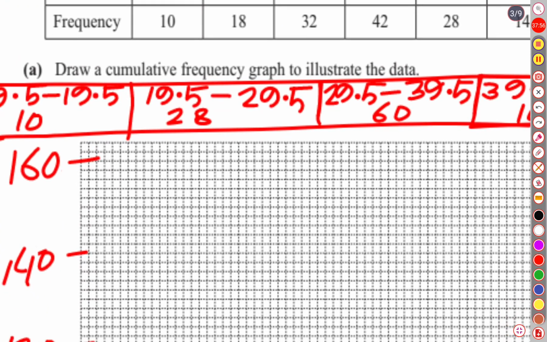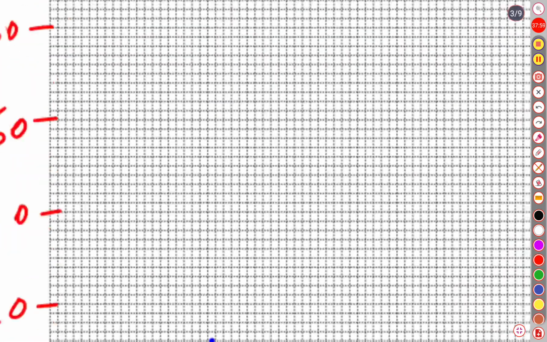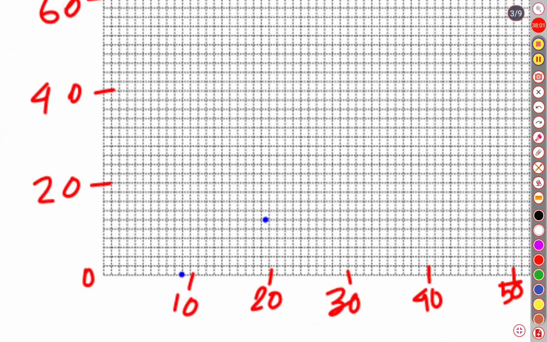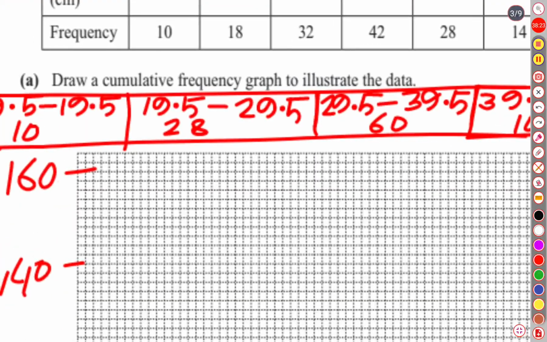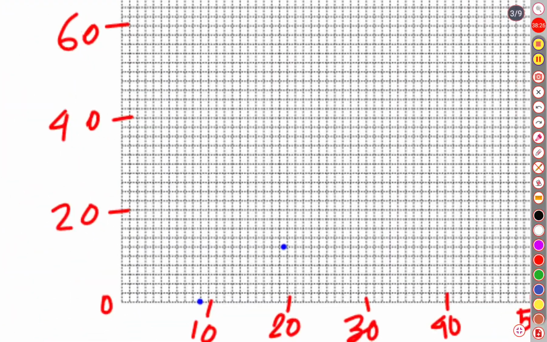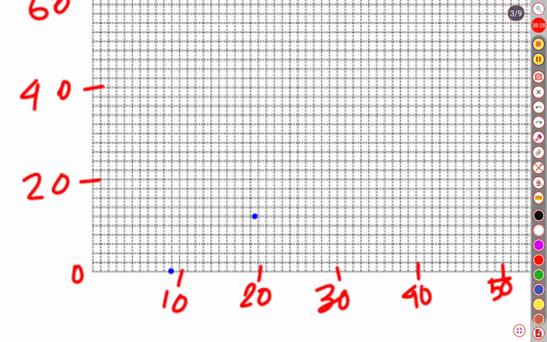After that, we are just writing the upper class bound. Upper class bound is 29.5, cumulative frequency is 28. So 29.5 and 28. So it is 20 over here, 30. 29.5 is over here, and our cumulative frequency is 28.